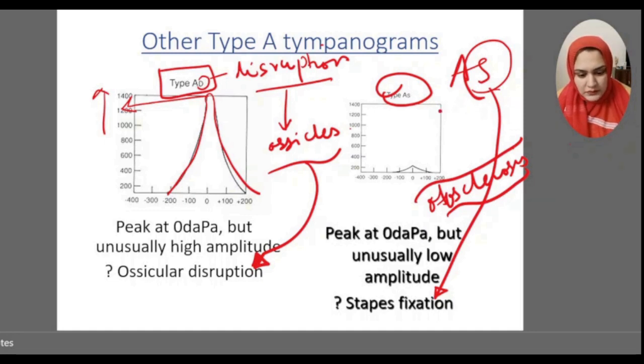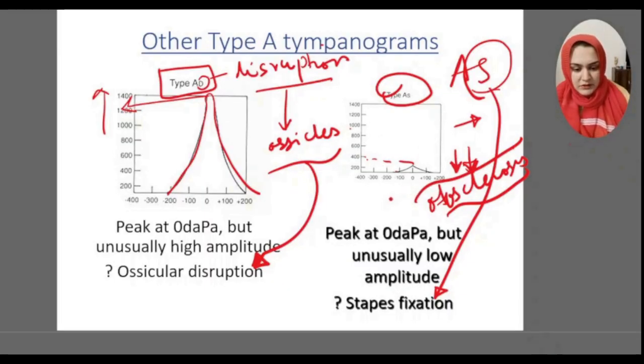In this condition, there is unusually low amplitude on the tympanogram. It means that the compliance of the TM has become unusually low, so the footplate of the stapes is not moving medially in the oval window. So if you see a type AS curve, it shows that a patient has otosclerosis.